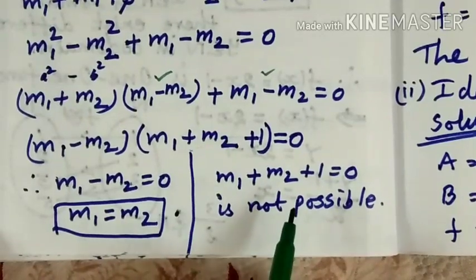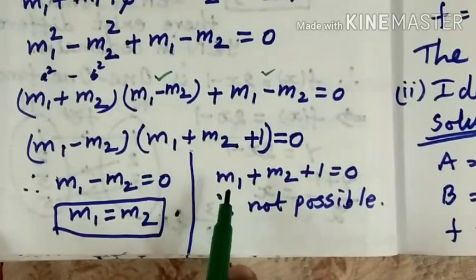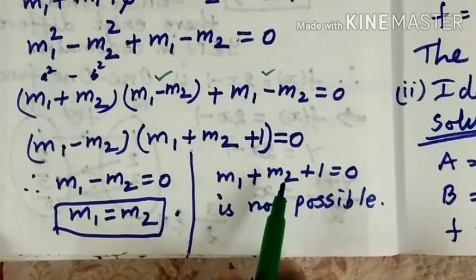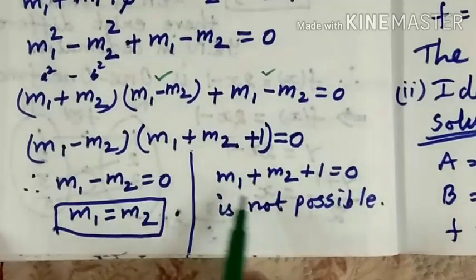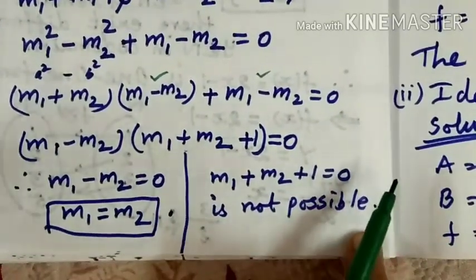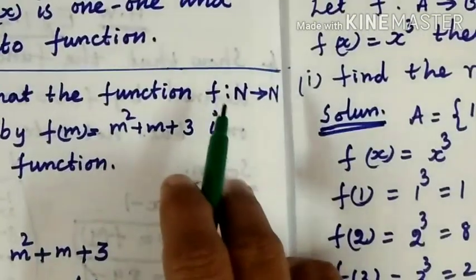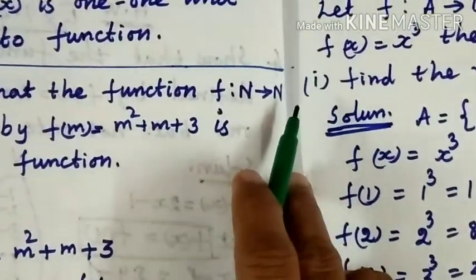Why is it not possible? Because for m1 and m2 you apply any natural number, because in the question the function is given from natural to natural.